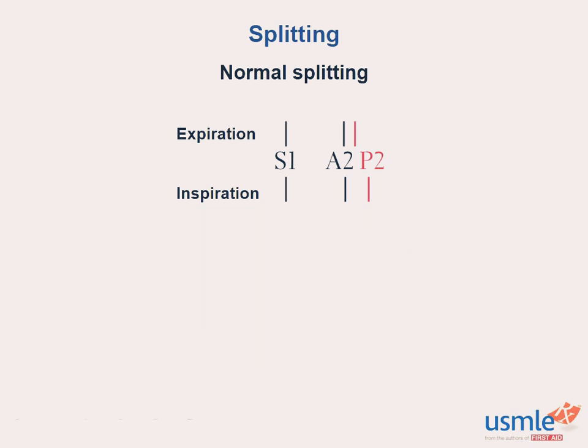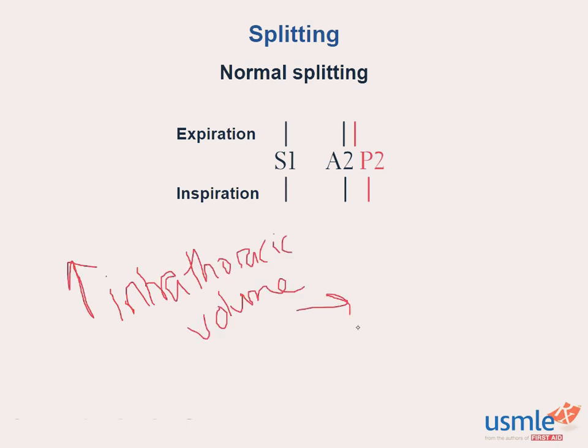There are two things that occur on inspiration that increase the end diastolic volume in the right ventricle. With inspiration, think about the anatomical and cardiophysiologic changes we see in our thorax. When we inspire, our chest wall expands, the intrathoracic volume increases, which results in a more negative intrathoracic pressure.